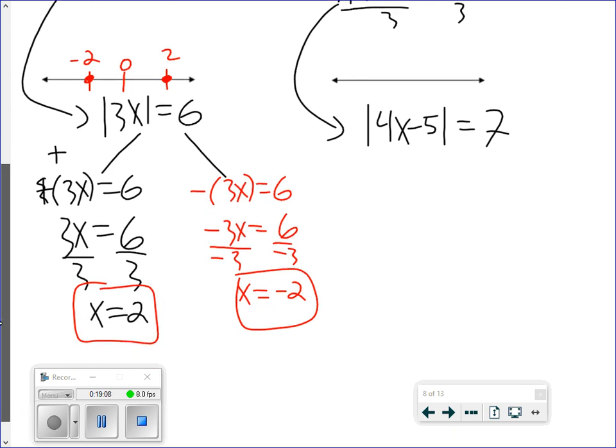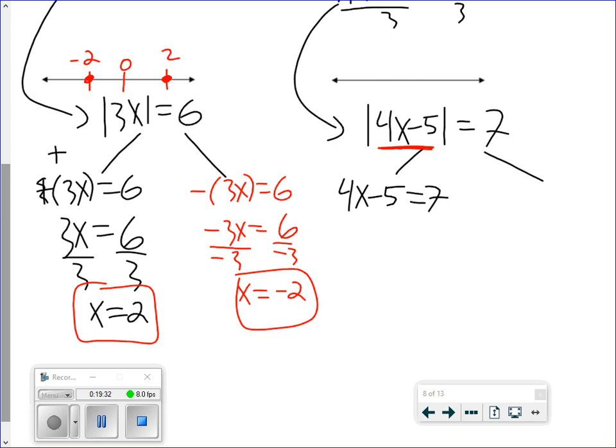All right, so again, we need to make two cases, a positive and a negative. When it's positive, we saw nothing happened, just take it out: 4x minus 5 equals 7. But when it's negative, we need to account that the whole thing inside the absolute value is negative. So whatever 4x minus 5 gives us, that is what's negative.